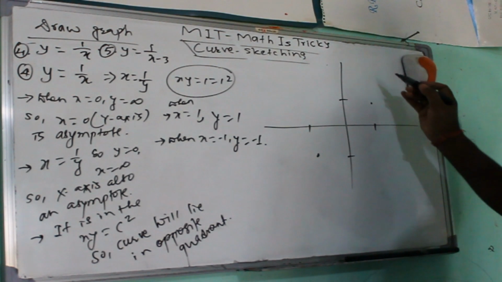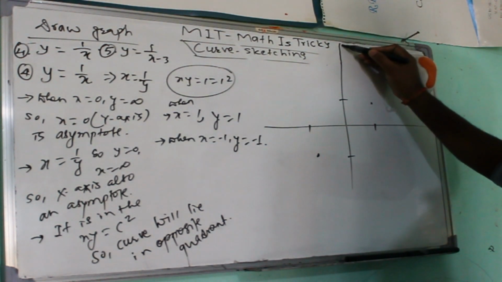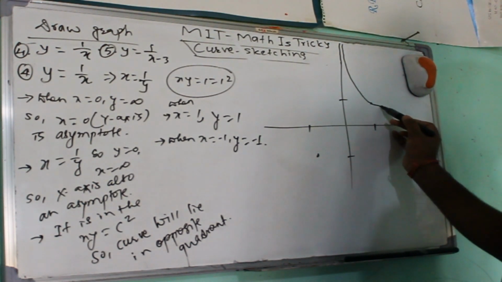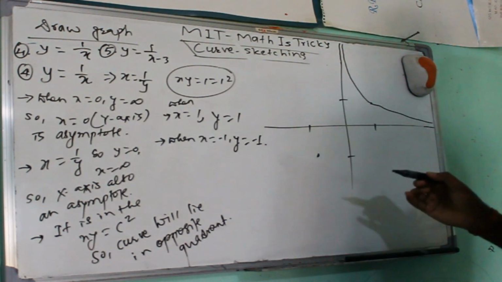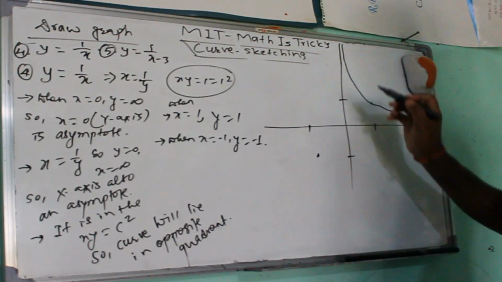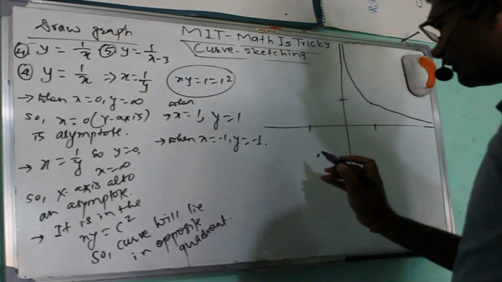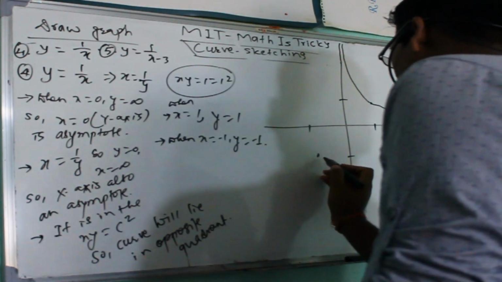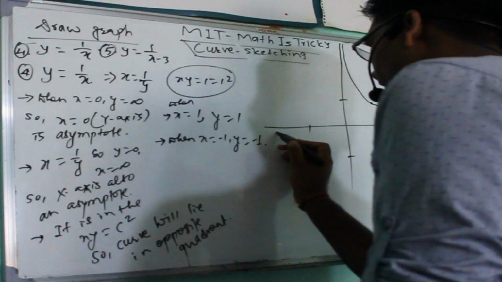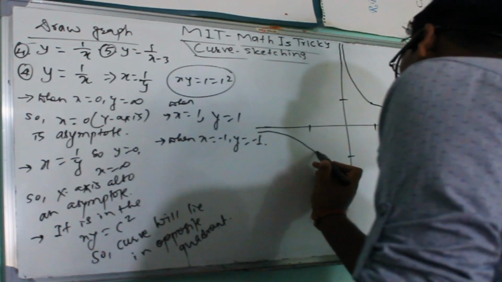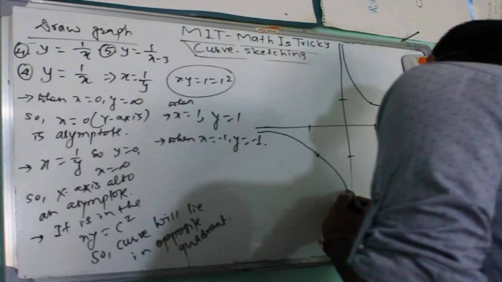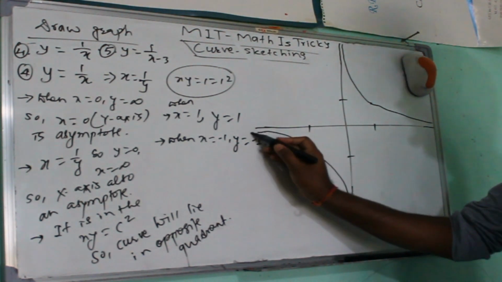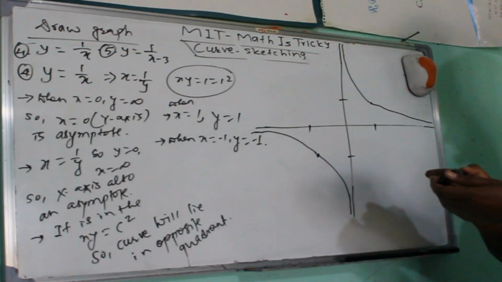So now, as we discussed, this is the asymptote, which means the curve will just try to pass through this. It will never touch it, it will be close to the x-axis, where y is infinity. In this case also, for the negative quadrant, it will be here. So let me draw here. The graph will not pass through the origin, but it will be very close to it, as the x-axis and y-axis are asymptotes. So this is the graph according to the given information.